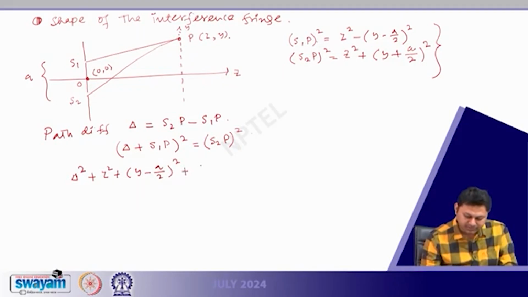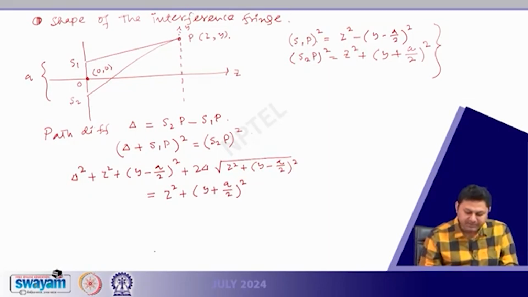So I write plus 2 delta times root over Z square plus (Y minus a by 2) square. That should be equivalent to Z square plus (Y plus a by 2) square.